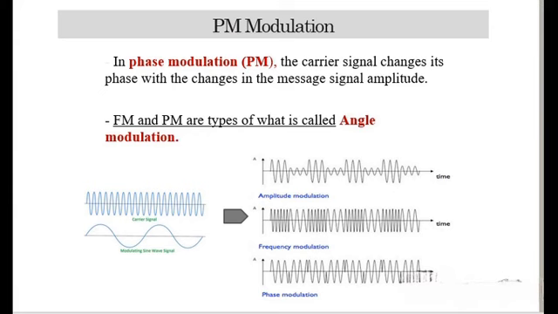The block diagram of the PM modulator circuit consists of a carrier signal source, balanced modulator and a 90-degree phase shifter. The carrier signal source generates the carrier frequency, and the 90-degree phase shifter converts the carrier. The balanced modulator generates a double sideband amplitude modulated signal from the message and carrier signal.